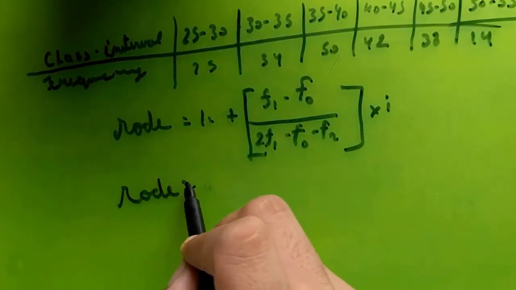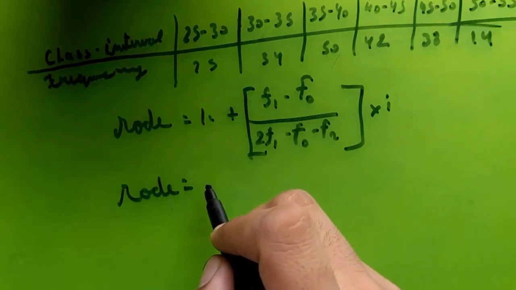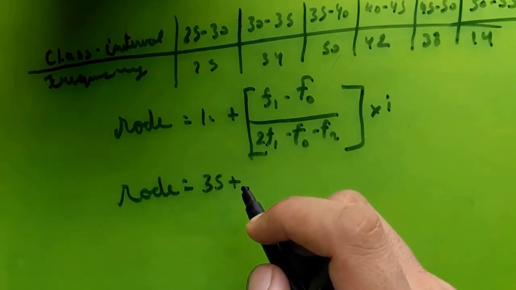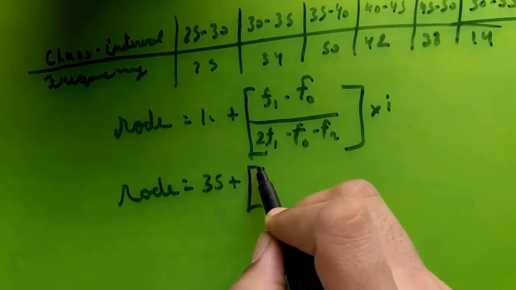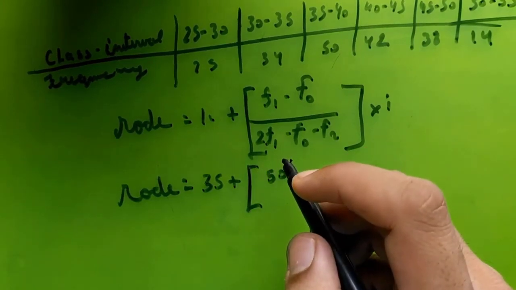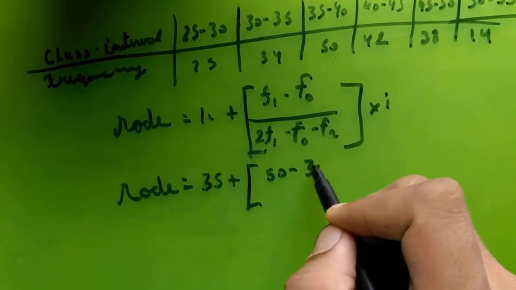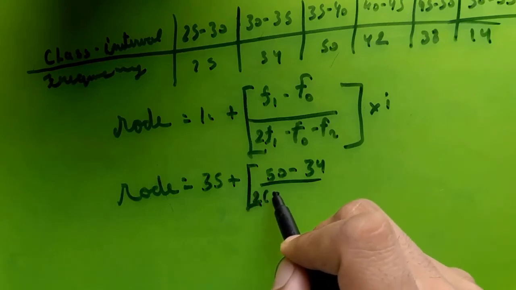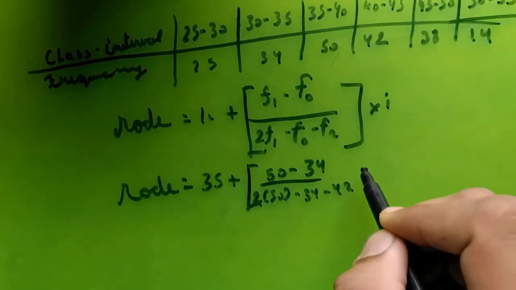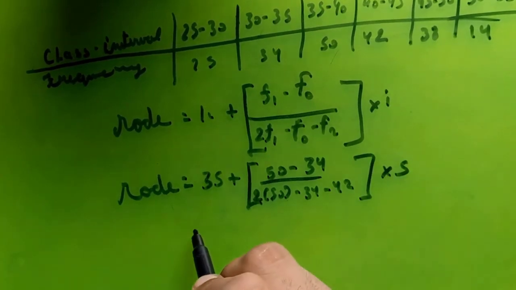Therefore, mode is equal to lower limit of the modal class, which is 35, plus frequency of the modal class 50 minus frequency of the class preceding the modal class 34, whole upon 2 into 50 minus 34 minus 42, into size of the modal class, which is 5.